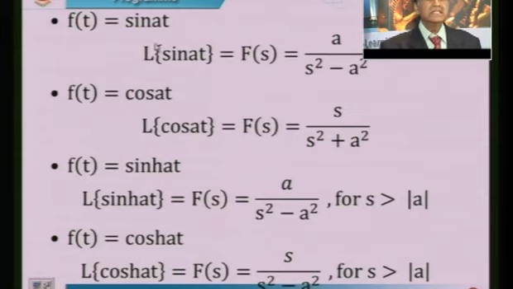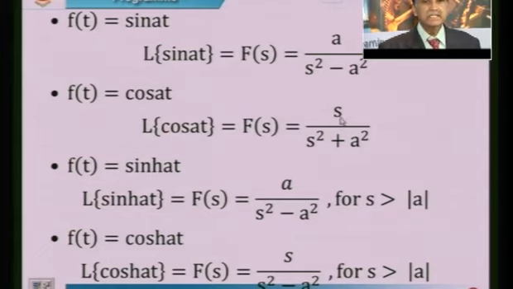Next is the Laplace transform of trigonometric functions, that is L of sin at is equal to a divided by s square, it should be plus a square. Here I will do this correction, in between the plus sign should be there. And L of cos at is equal to, that is also a function of s we call it, s divided by s square plus a square.